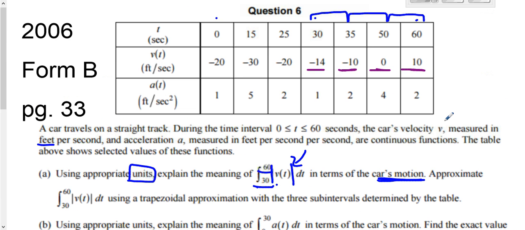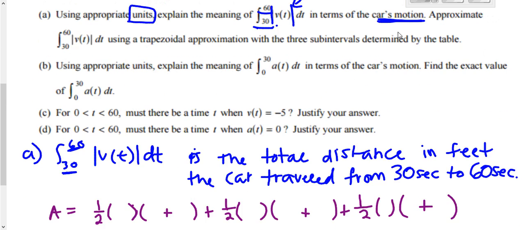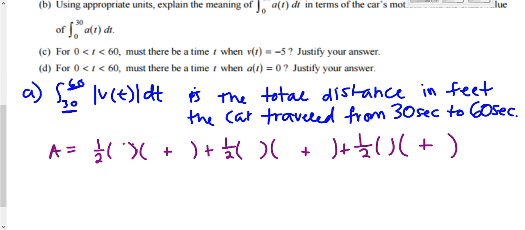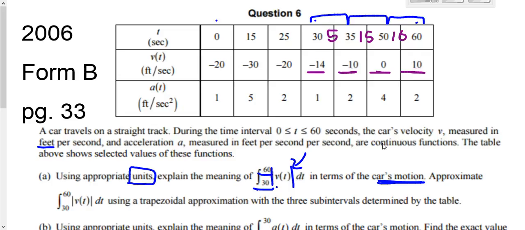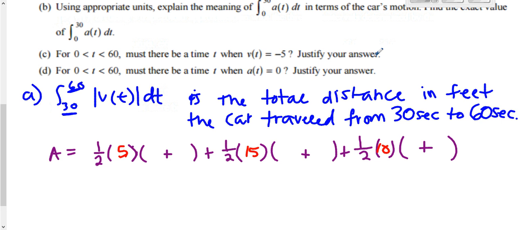So let's look at the heights first. 30 to 35 is 5. 35 to 50 is 15. 50 to 60 is 10. So 5, 15, and 10 are my heights. Then I'm going to take the absolute values of the velocities here. So I have 14 plus 10, then 10 plus 0, then 0 plus 10.